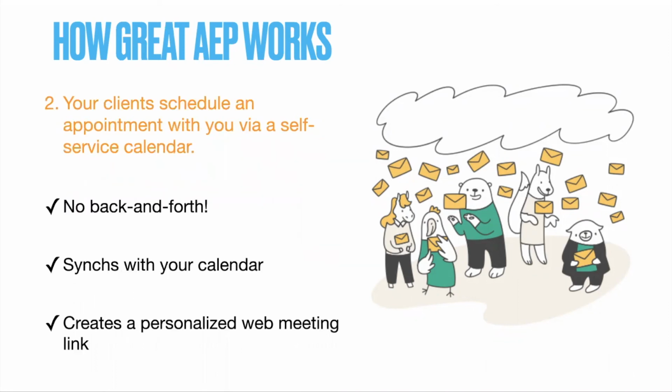So then your customers get this and they follow the link and they schedule an appointment. And you saw on my site what it looks like. They pick a time, and that saves you from having to reach out. Some people have been hiring somebody just to go and do scheduling for them during AEP, and this will take care of all of that for you.